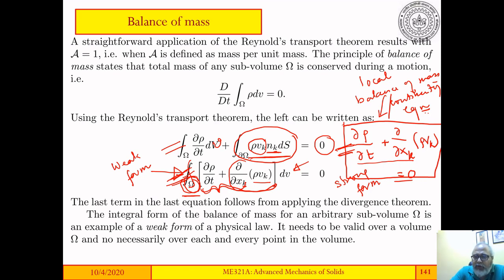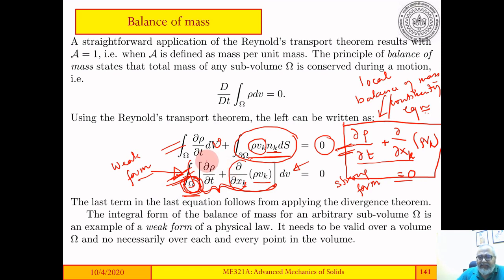So we will deal with the weak form as well as the strong form in this course. However, to go from the weak form to the strong form like we have done, we need to apply this localization argument that I just applied. The localization argument is that the weak form should be valid no matter how small this volume omega is.